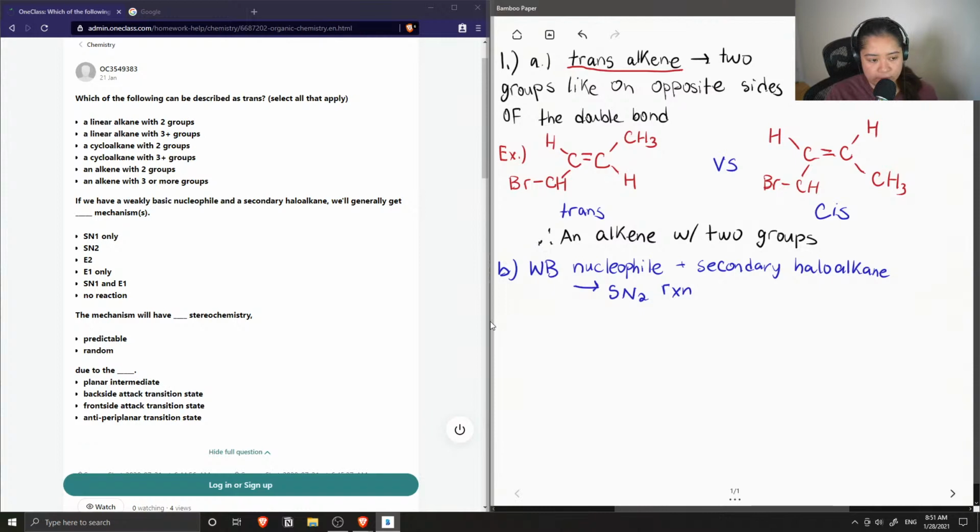So let's show another example where we have just any weak base and a secondary haloalkane. So that just means that we have a halogen on a carbon with two other substituents on it.